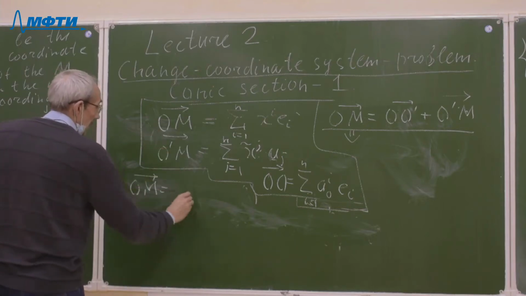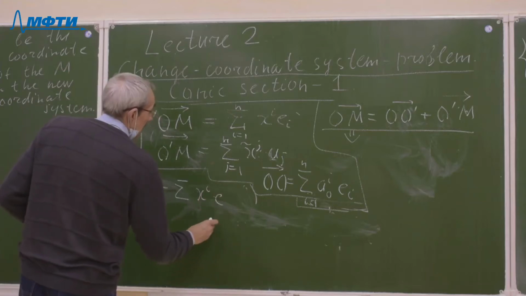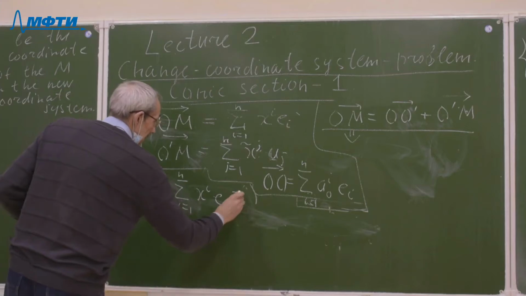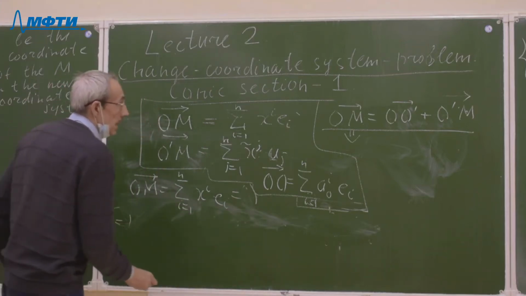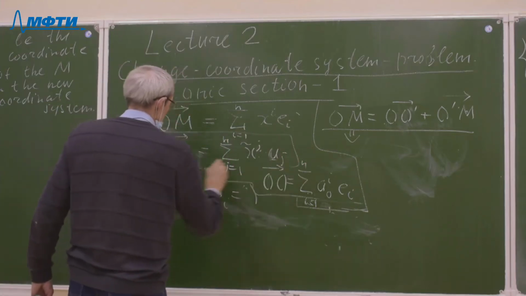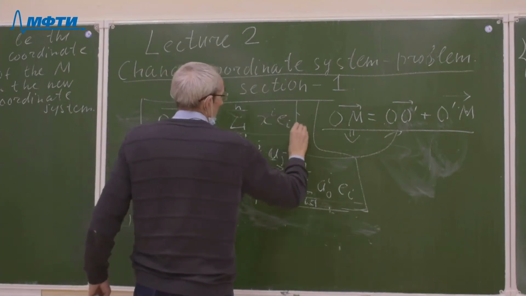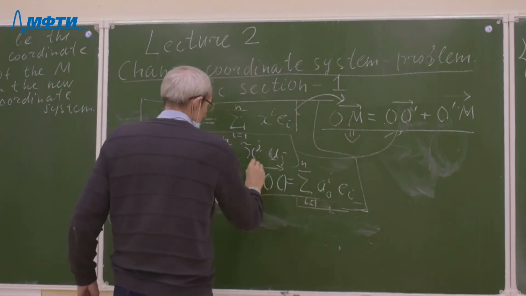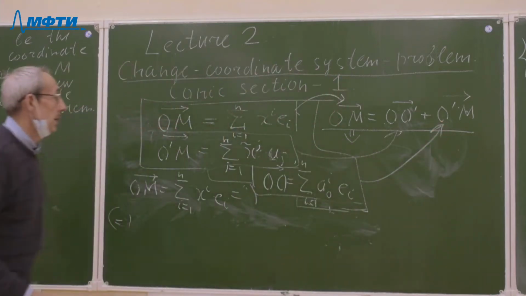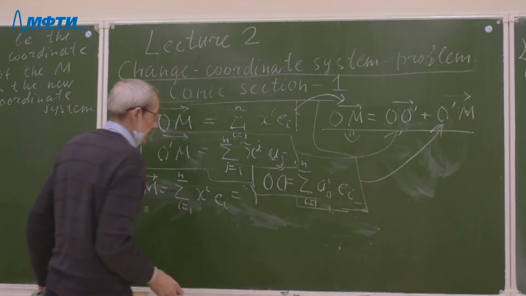OM is equal to the sum of xi ei, and we have the following three substitutions.